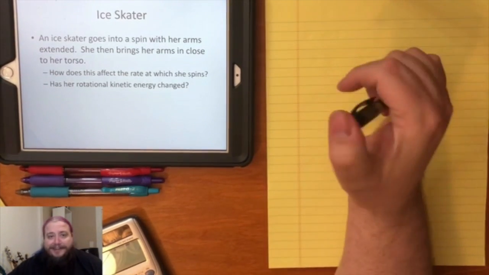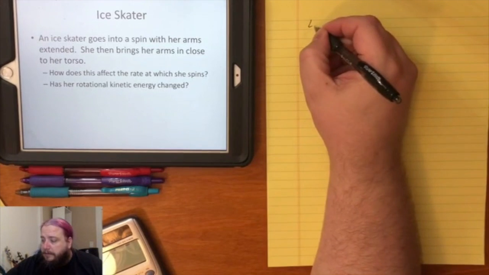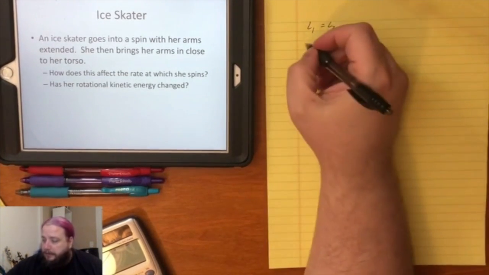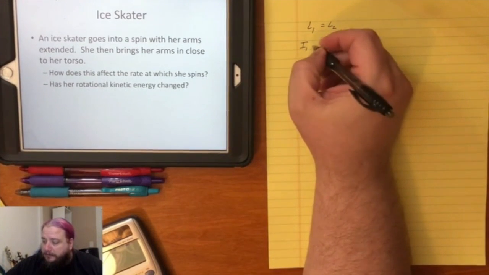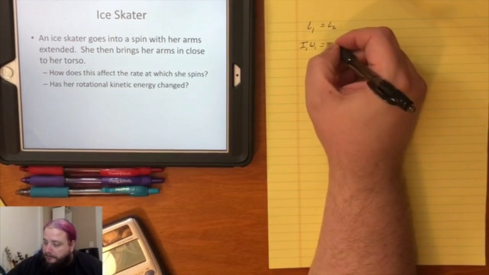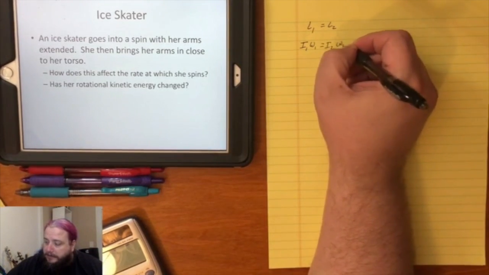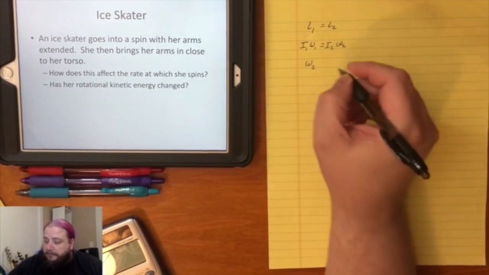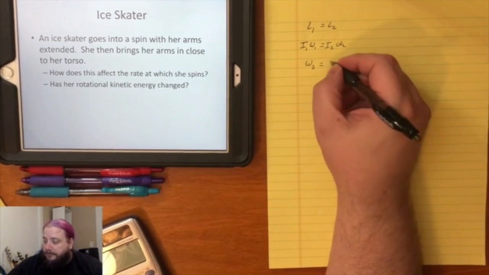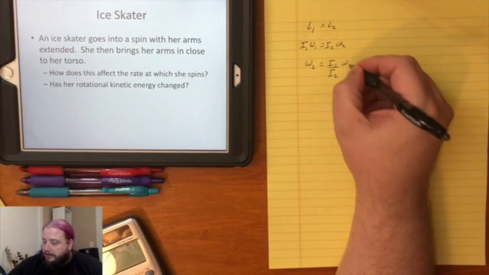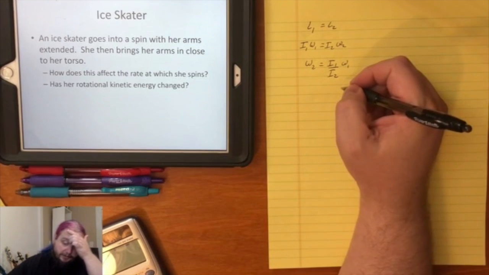So there aren't any torques at work here, so angular momentum before is going to equal angular momentum after, and we can write that down as moment of inertia at moment 1 times omega 1 is moment of inertia at moment 2 times omega 2. And then the speed at which she's rotating afterwards is just I1 over I2 times the speed at which she was rotating beforehand.